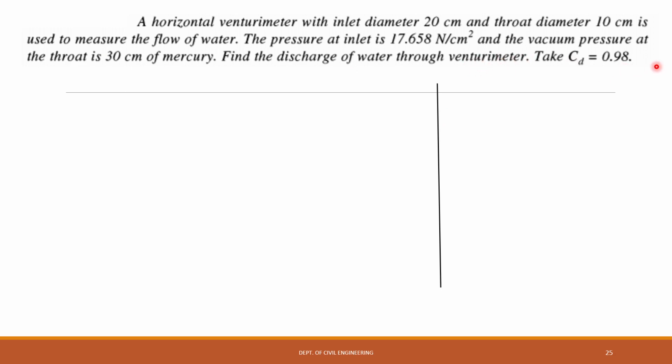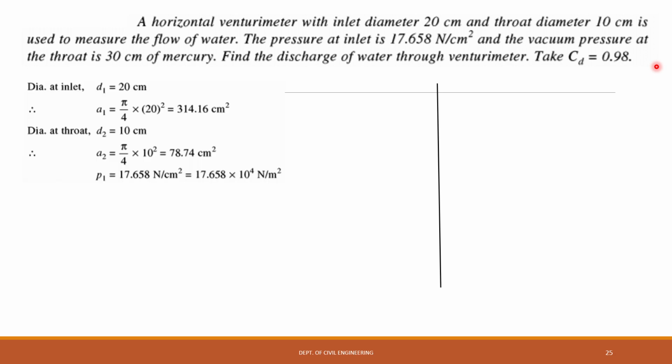So we'll first write down the given data. Diameter, inlet and throat is given. So A1, A2 can be found out. As I told you, the pressure at inlet is given. So P1 is equal to 17.658 Newton per centimeter square. Converting that into Newton per meter square by multiplying with 10 raised to 4.